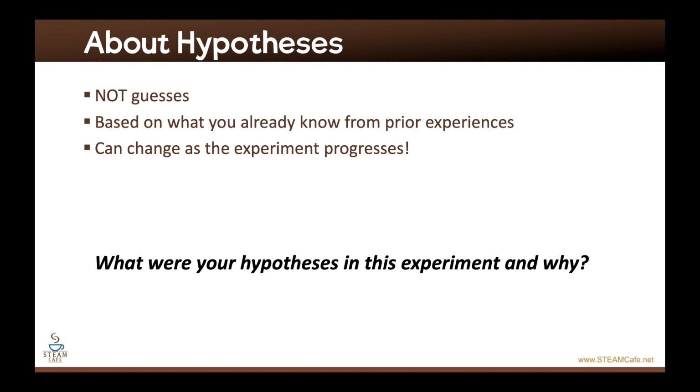Okay, so again, I just want you to rethink hypothesis and not call it a guess, but call it expert inference, expert advice, right? Or ideas based on what students already know. And like I said, it can change while it progresses.